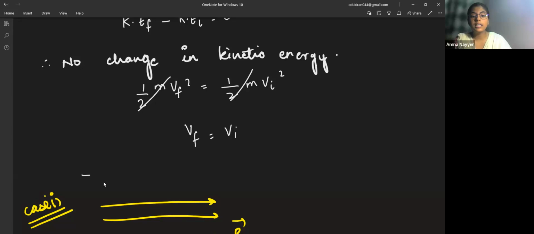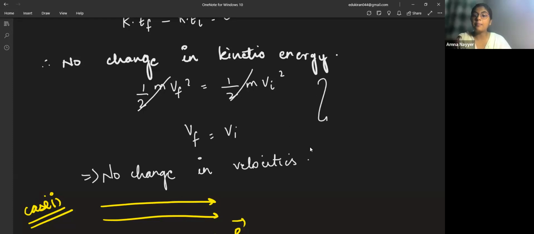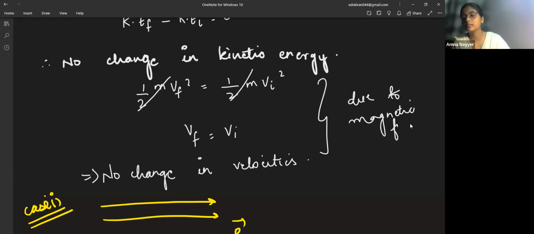So there is no change in velocities as well. Why is this happening? This is happening due to the magnetic force.